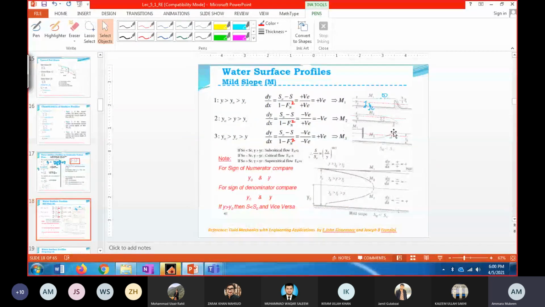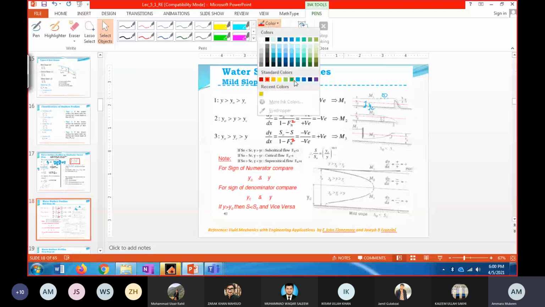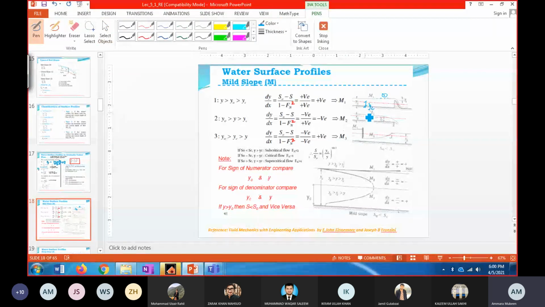So just check the next figure like this. In this figure, you can say that the depth of flow, which is y, is in between y naught and yc. So it is in zone 2. So these are the depths in this gradually varied flow.